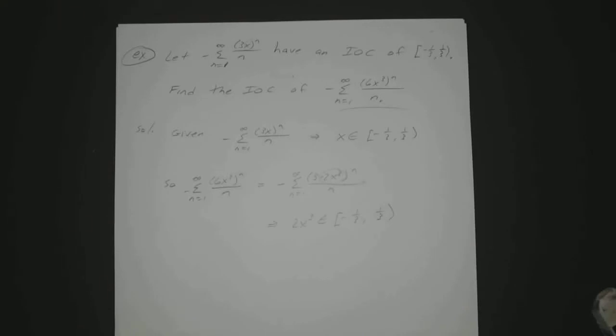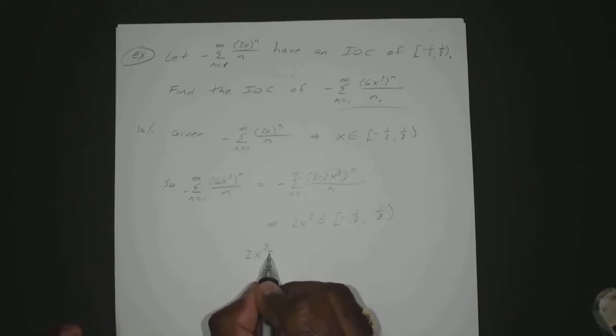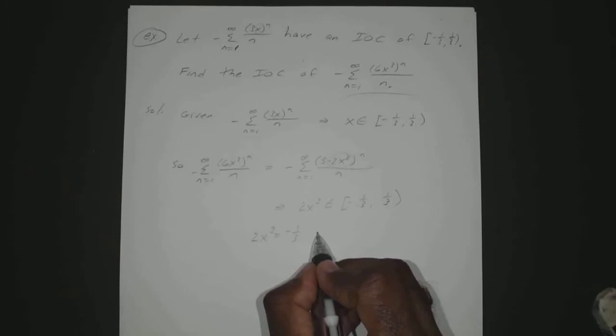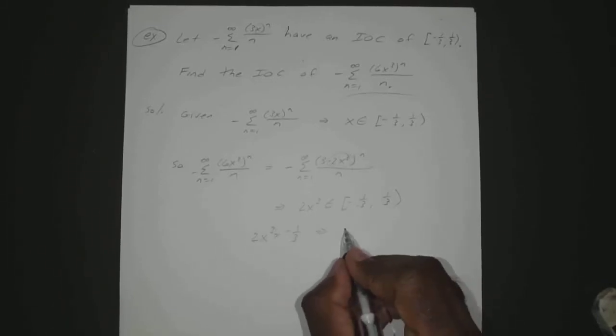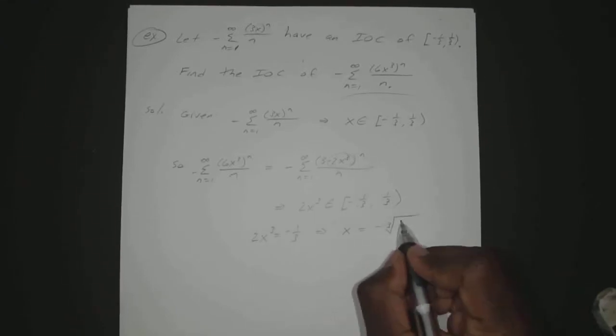Now since it's not an absolute value, from here, you just have to find your new endpoints. So 2x to the third equals negative 1/3. Divide both sides by 6. Cube root. That means that x would have to equal negative cube root of 1 over 6.